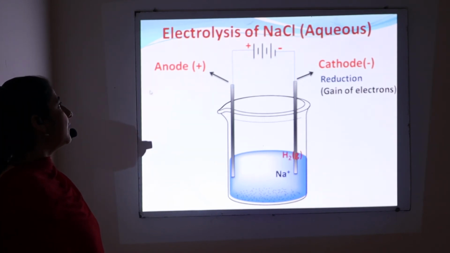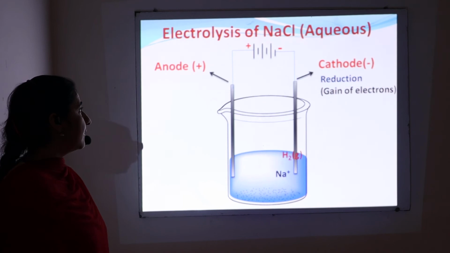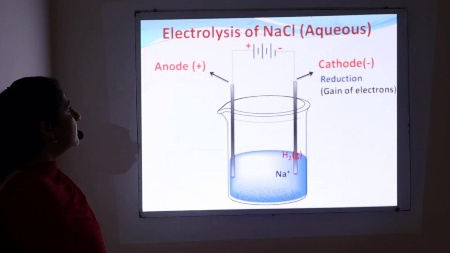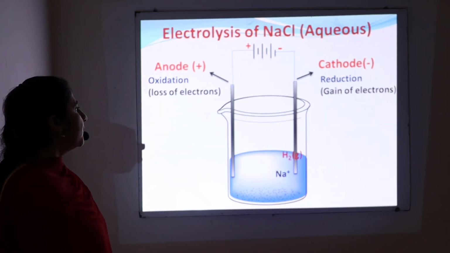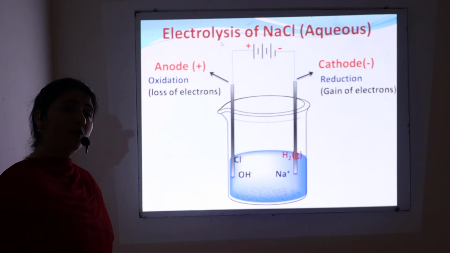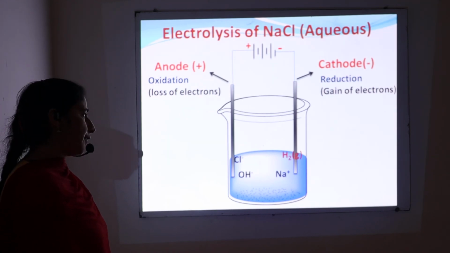On the other hand, at the anode, the second electrode, oxidation takes place, meaning loss of electron. Here we again have two types of negative ion: the chloride ion and the hydroxyl ion.